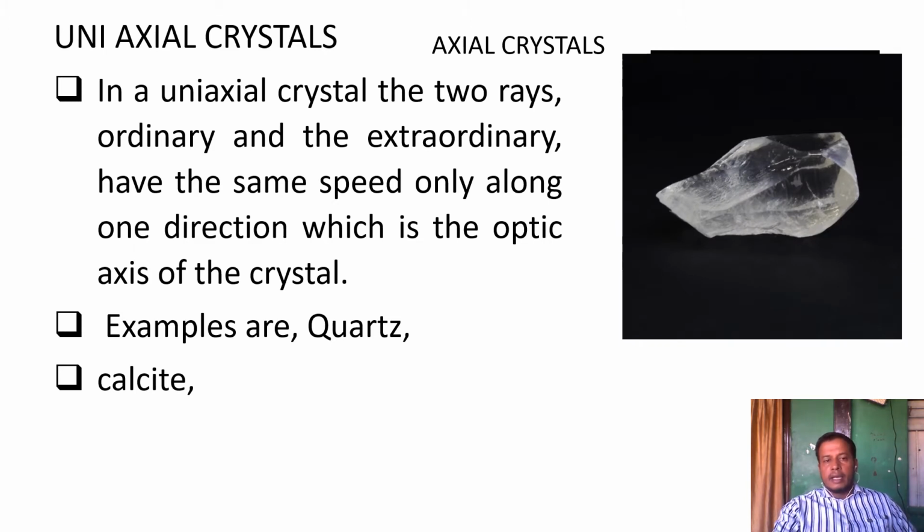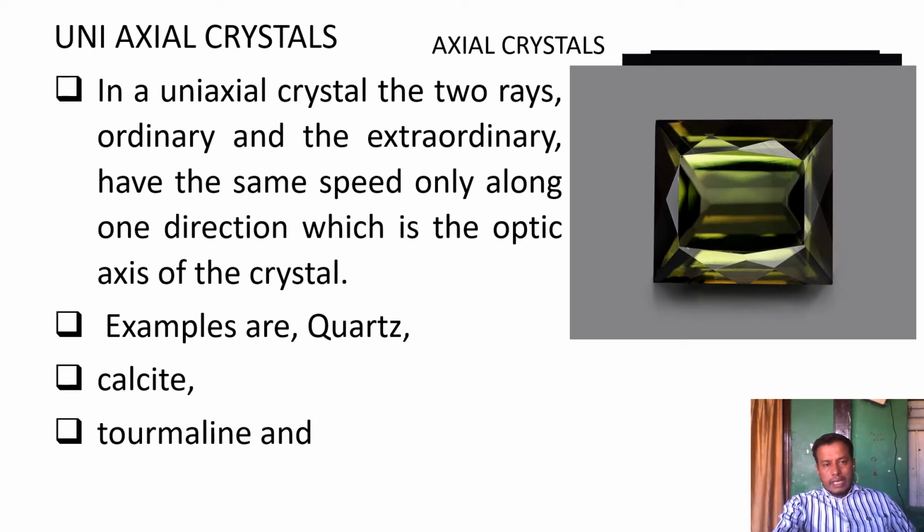This is the calcite crystal, and this is the tourmaline crystal. This is also a uniaxial crystal. And the fourth one, as usual, is ice. You can see the ice block. So these four are examples of uniaxial crystals.